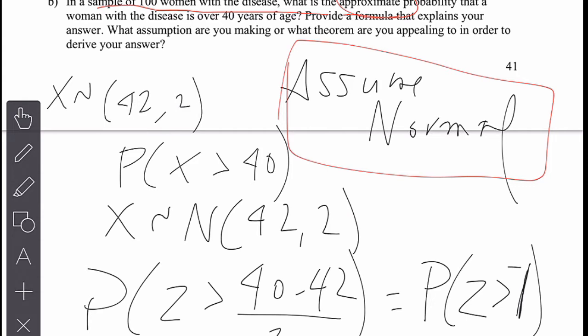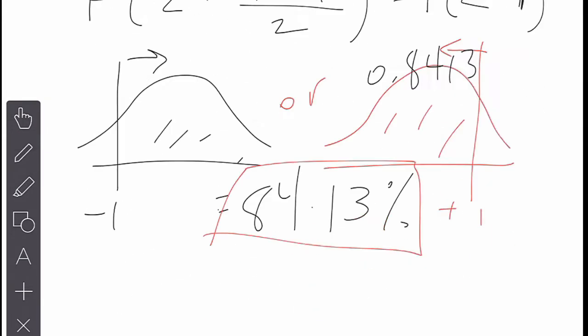So what I'm going to do is appeal to what it's asking me, what theorem. I'm going to appeal to the central limit theorem. Let me type out the statement of the central limit theorem.